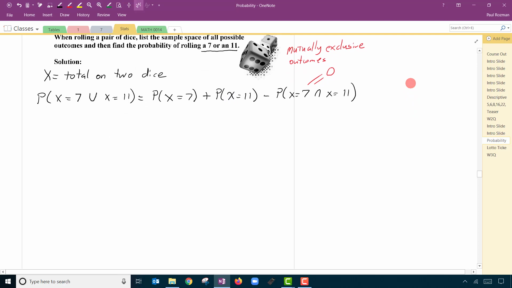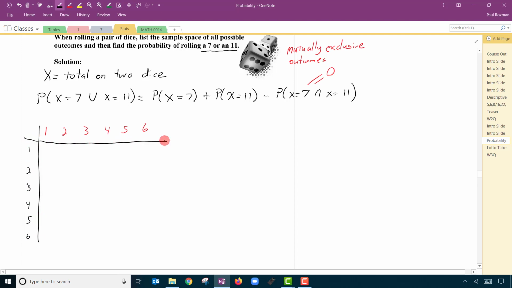We need to figure out the chances of getting a 7, and there are many ways of getting 7s. So let's list out all the things that can happen when we roll 2 dice. On your first die, you could get a 1, 2, 3, 4, 5, or 6. And then on the second die, you could get a 1, 2, 3, 4, 5, or 6.